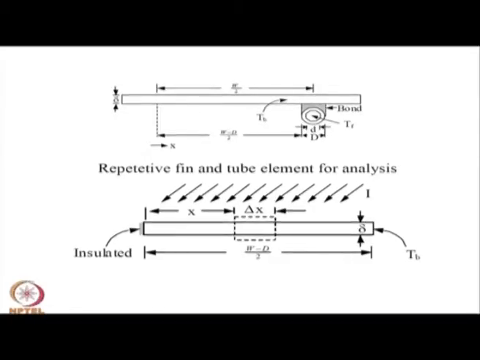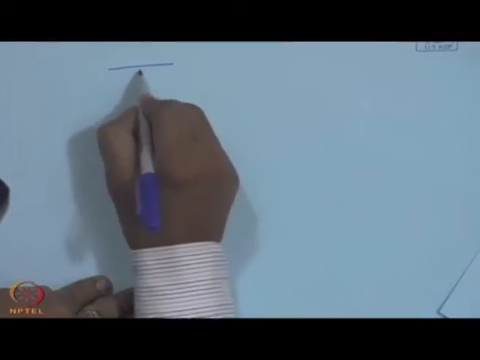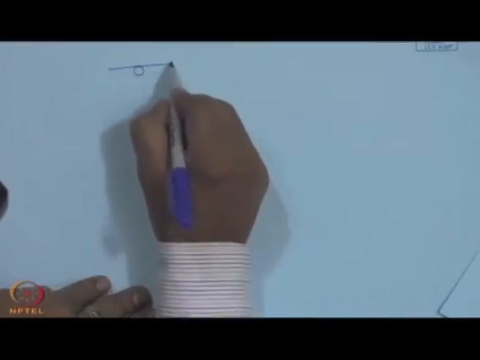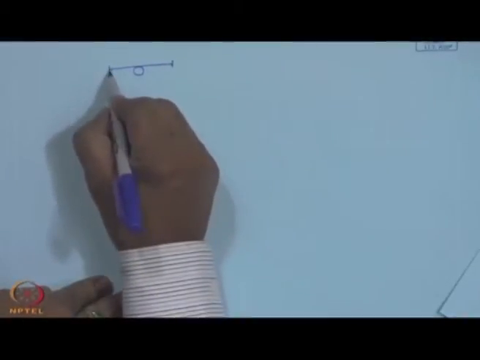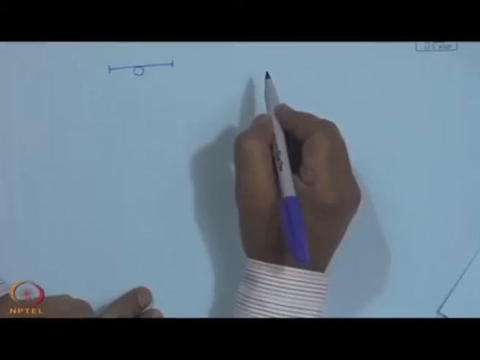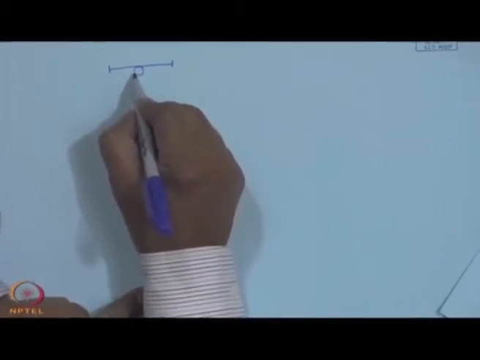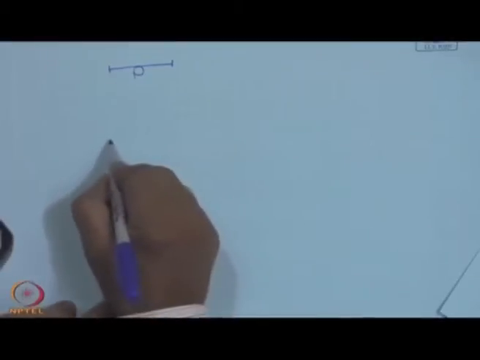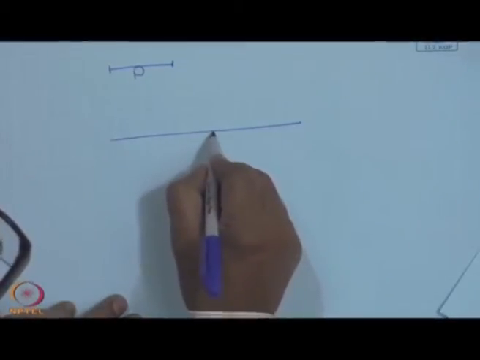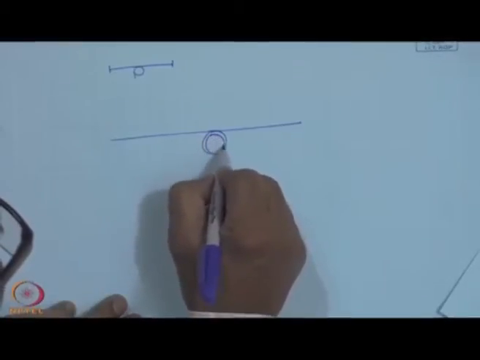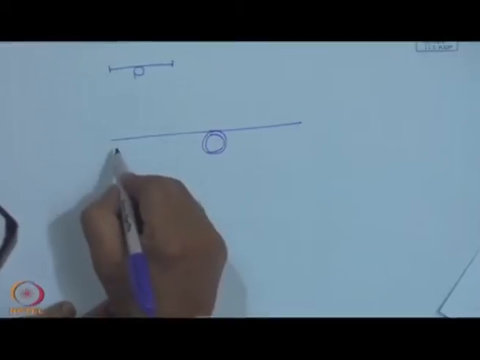considering a repetitive element of a tube and half a plate on either side, with the distance being W. Let me draw it bigger. There may be an inside diameter d i and outside diameter d.